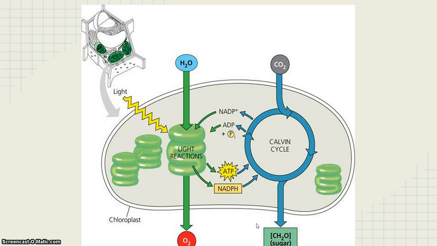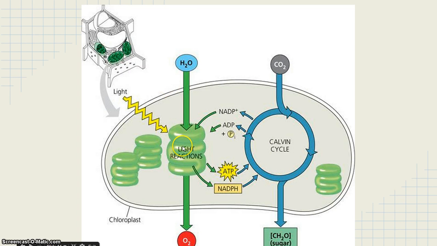So if we look here, this is the overview of everything that we've talked about. The light comes in. In the light reactions, we need to split the water in order to have the hydrogen and to have the oxygen. The hydrogen, remember, is going to be used for the NADPH. It's going to be used to make all of those transported electrons to be used in the Calvin cycle.